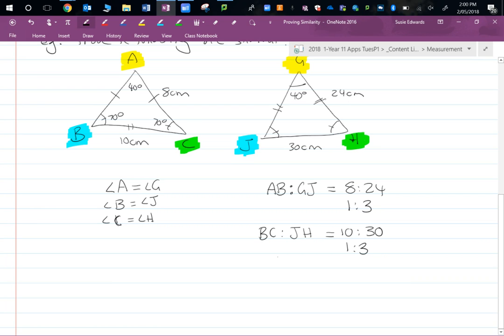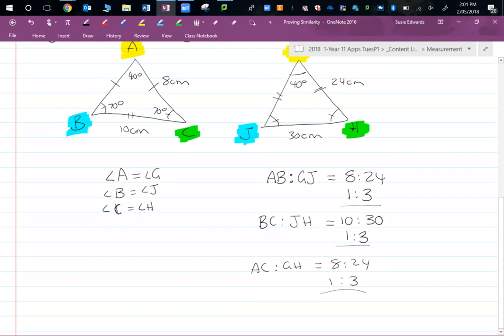So then last time is A to C, which is the same as G to H, which is 8 to 24, which is 1 to 3. In that case, you could have probably just gone straight to 1 to 3. So now we've proven all three sides are in the same ratio, aren't they? 1, 2, 3. All three angles are the same.